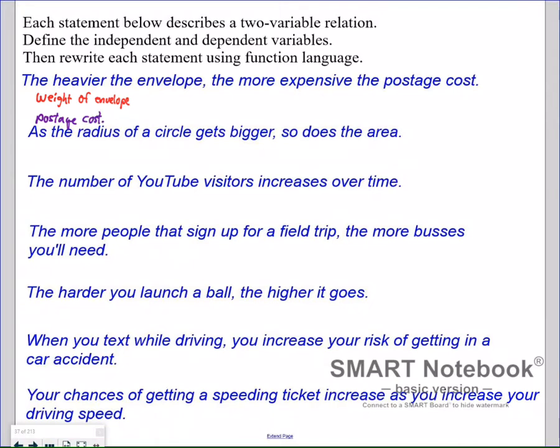Now, since the postage cost is going to be determined by how heavy the envelope is, we will indicate that the weight of the envelope represents the independent variable. Then obviously the postage cost will be dependent on the weight. To translate this into function language, we simply start by looking at the object of our study. The interest we are in here is the cost.